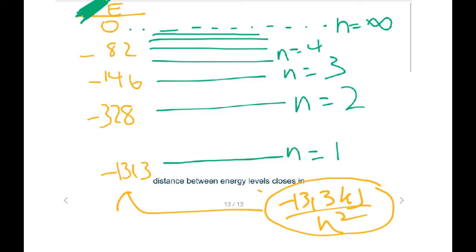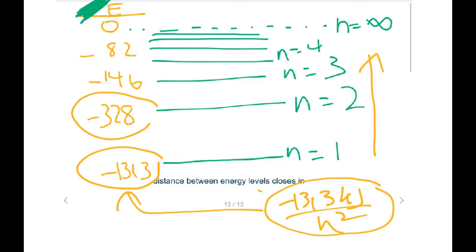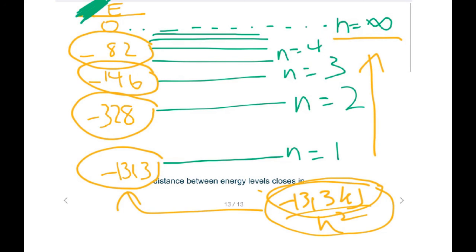So I calculated it for n equals 1 all the way to n equals 4, and notice how the energy goes from negative 1313 to negative 328 to negative 146 to negative 82, and if you make n big enough, or when you make n approach infinity, then the bottom will become so large that eventually the top won't matter anymore, and the answer will be very, very close to 0.